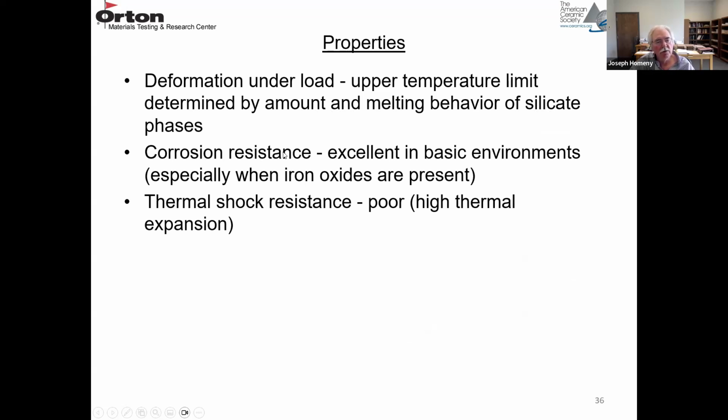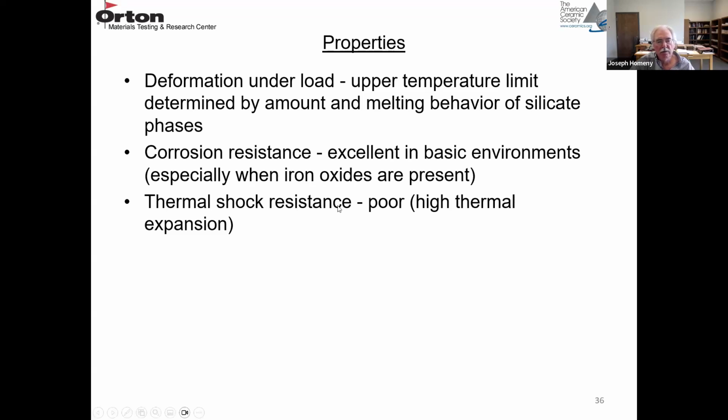MgO has excellent corrosion resistance in environments where you have a basic slag, so that would be a slag rich in lime. We mentioned that it can tolerate iron oxides, whether it's FeO or Fe2O3. So if some of these materials dissolve in the MgO, it's not going to hurt it.